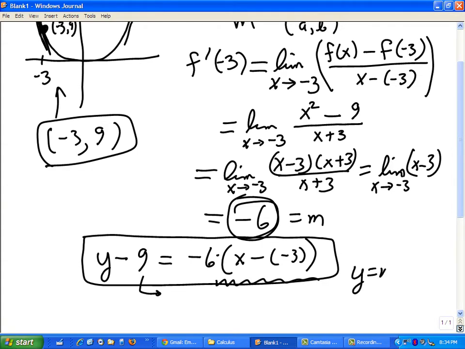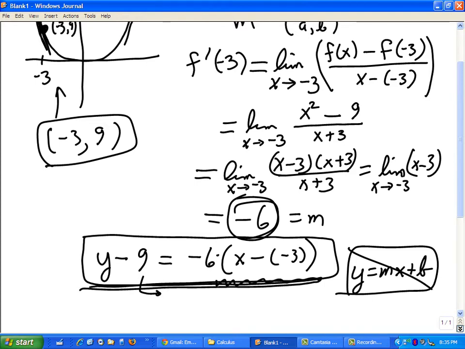Of course, if somebody asks you for the line in that form, then yeah, you have to do it. But I didn't ask for the line in that form. I just asked for an equation of the line. This, all by itself, is a perfectly good equation of a line. Now you might want to rewrite that as x plus 3, but that's not a big deal. I mean, this is correct. Nobody's going to take off any points for you for doing that. If a grader ever takes off points, just come see me. I will give it back.